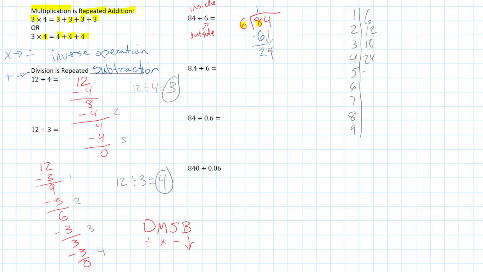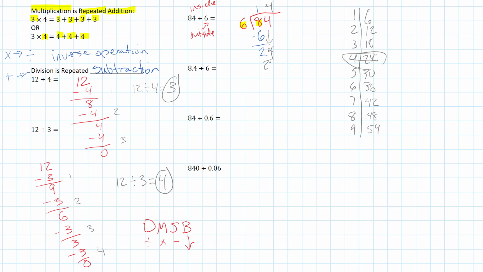So I'll get 24, 30, 36, 42. Let's see, adding on 6 again, that's 48. Then adding on 6 again, that'll be 54. Okay, so I need to know 6 goes into 24. That's the one I'm looking for right there. So 6 goes into 24 4 times.